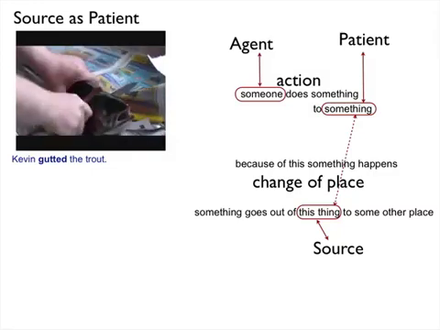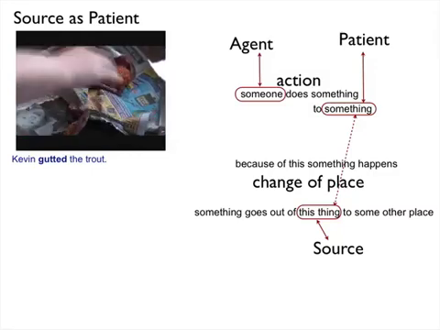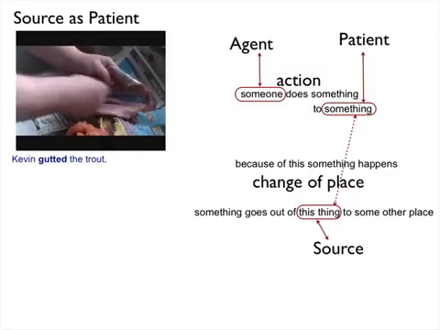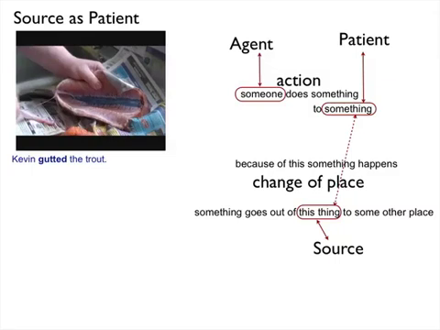So this is the activity of gutting a trout. You may not have ever done that, but if you've gone fishing and you wanted to eat the trout that you catch, then you typically have to clean it. You probably say clean it, right? But you could also say gut the trout, which means take the guts out, right?